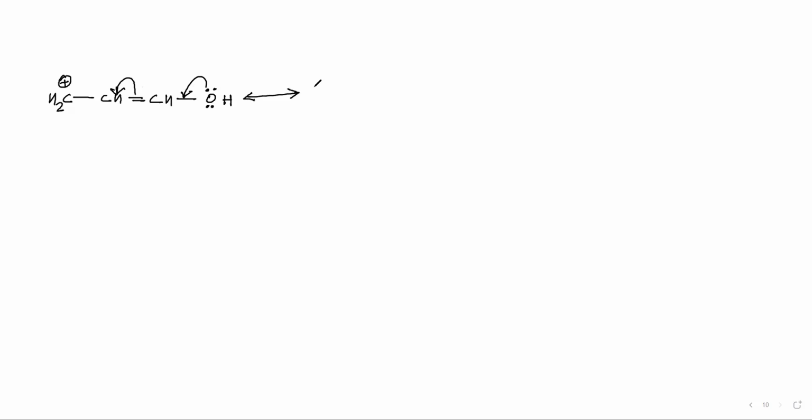Now what will happen? H2C single bond C. Now this CH will have a negative charge, as we have drawn here. And then we have this CH, which is double bonded to oxygen with a positive charge, and hydrogen. And this was always positive here. Now what will happen?